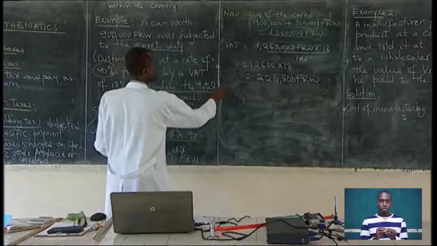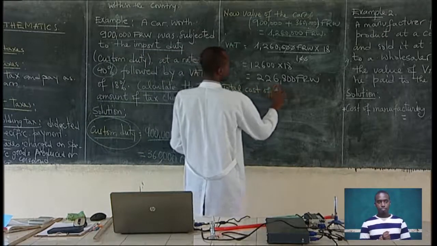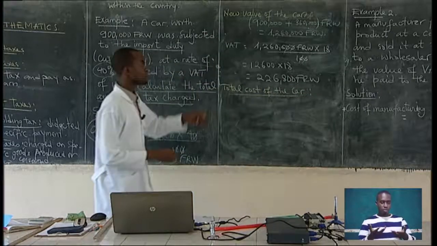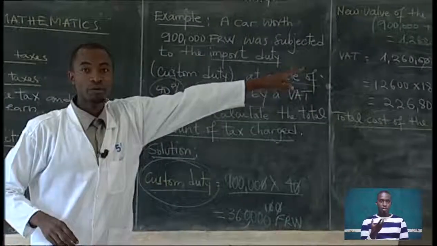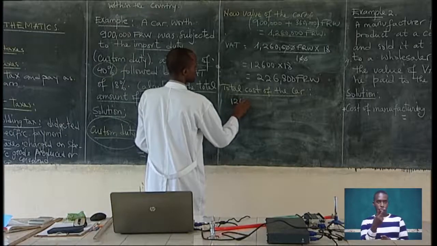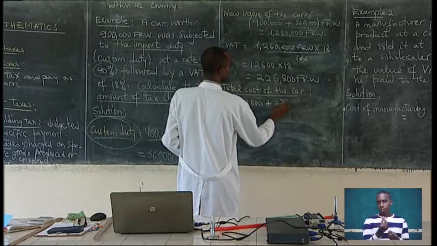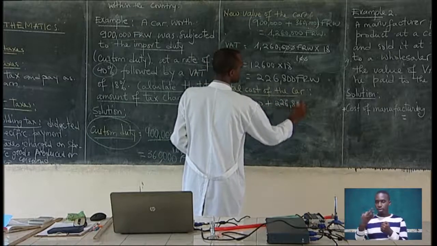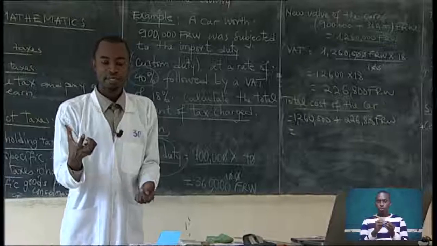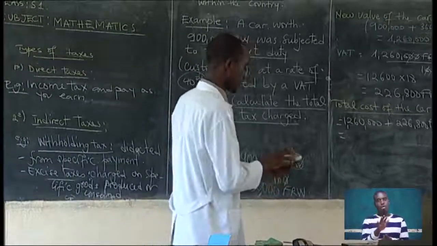So now, after getting this money, you need to get the total cost of the car. How do we get the total cost of the car? You remember the new value that we had before. That was 1,260,000. You add this money, 226,800. That's the total cost, the money that you need to pay for your car.